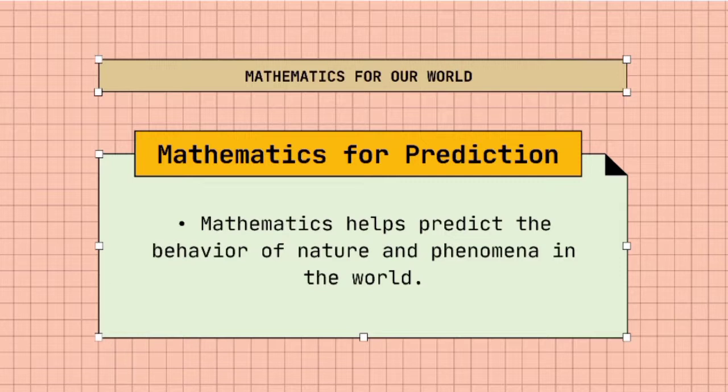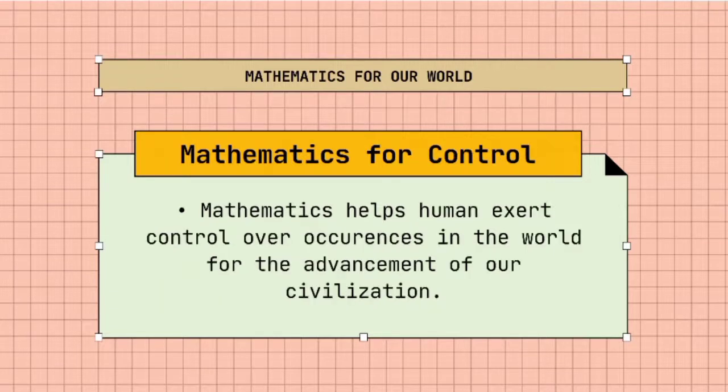So in conclusion, mathematics helps predict the behavior of nature and phenomena in the world. So the third application is mathematics for control.